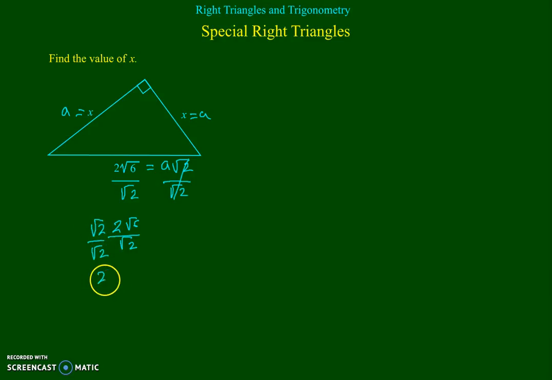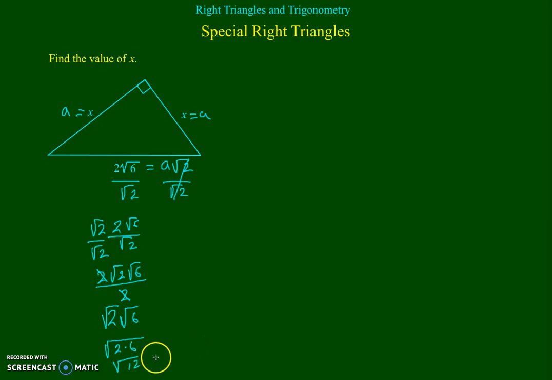And this gives us 2 square roots of 2 times the square root of 6 over square root of 2 times square root of 2, which is just 2. These 2's cancel out, and we have the square root of 2 times the square root of 6. And a basic principle of radicals is that a product of radicals is the radical of the products, which means it's the square root of 12.